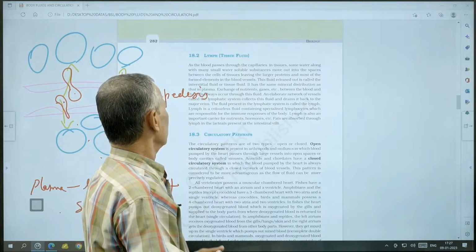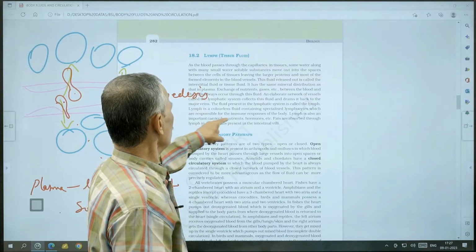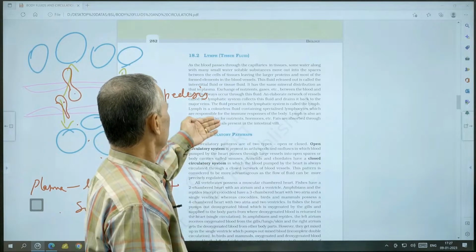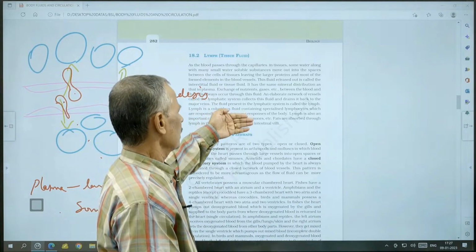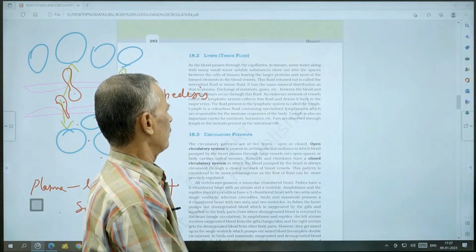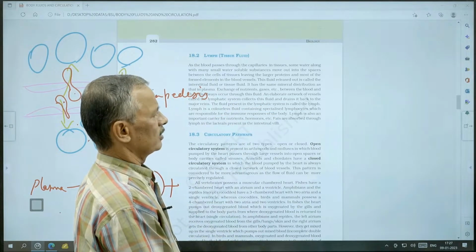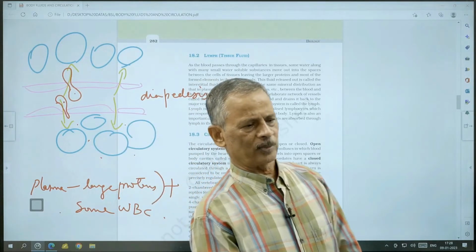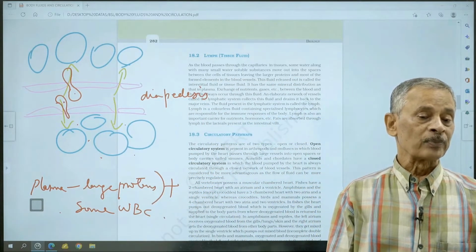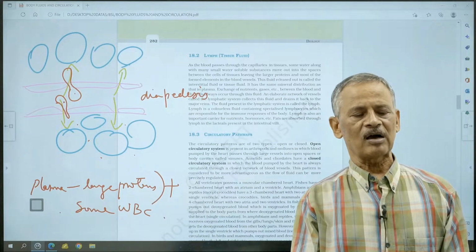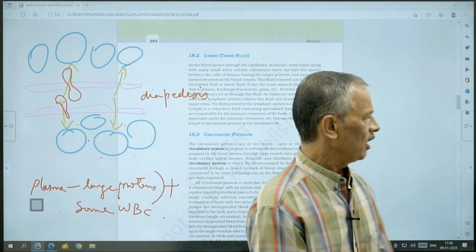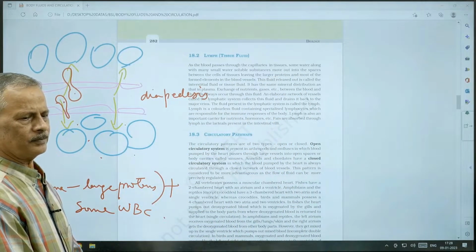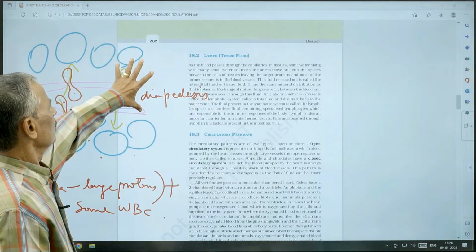Second one, it is a carrier for nutrients, hormones, etc. Third one, it is an important component of our immunological system. And fourth one, we have studied in digestion that fat is absorbed first into the lacteals. Lacteals are actually part of the lymphatic system. Clear? So that's about the body fluids.